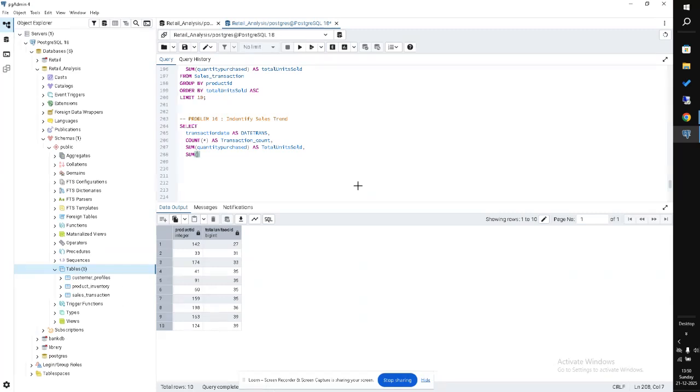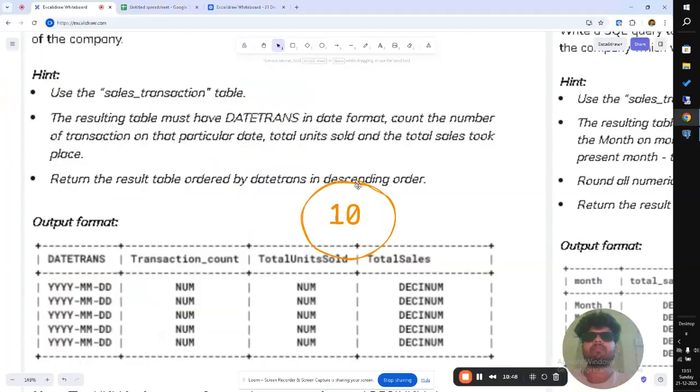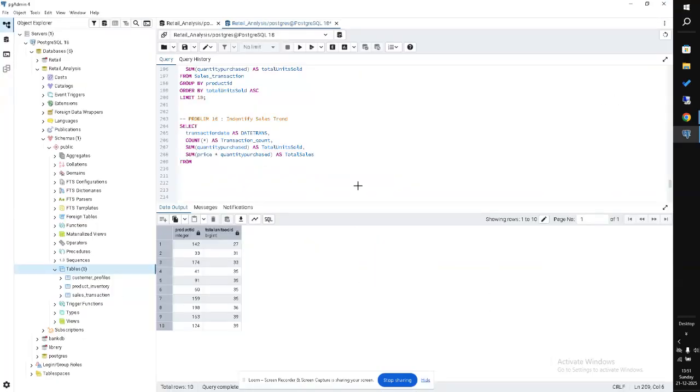Total sales, I can say sum of price into quantity purchased as total sales from sales transactions.